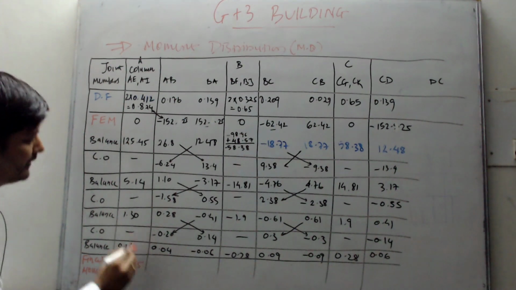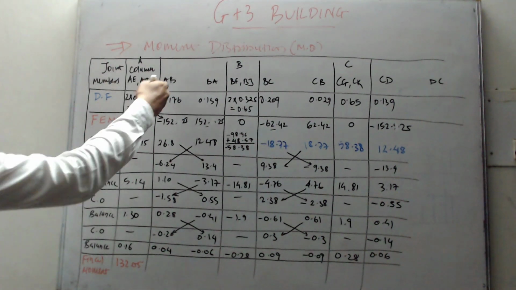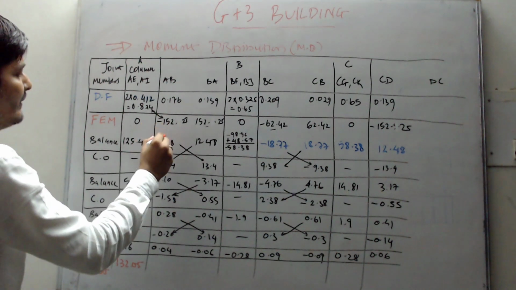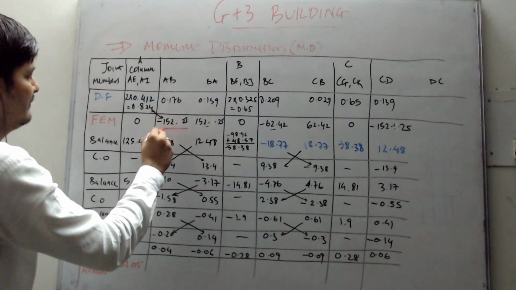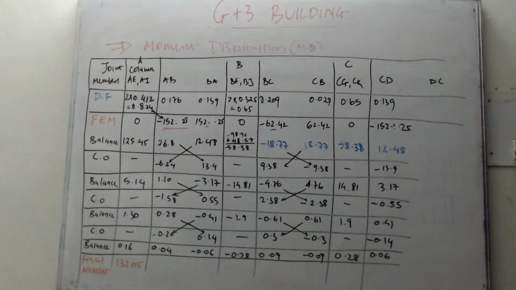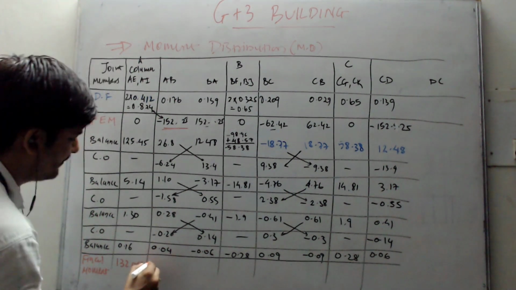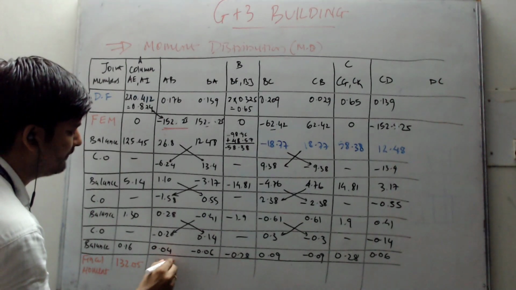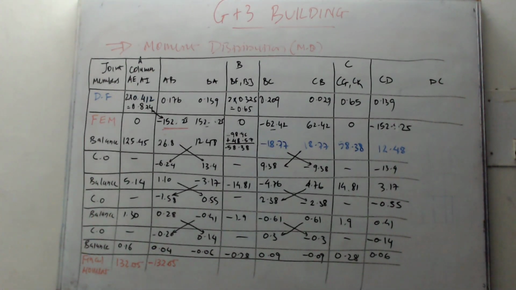at column point A. Same way, do the summation of all the balance moments, including fixed end moment, right? So for second, minus 152.25, plus 26.80 plus 1.1 plus 0.28 plus 0.04. So I am getting my answer is minus 132.05. Next I am getting my answer as 150.22.